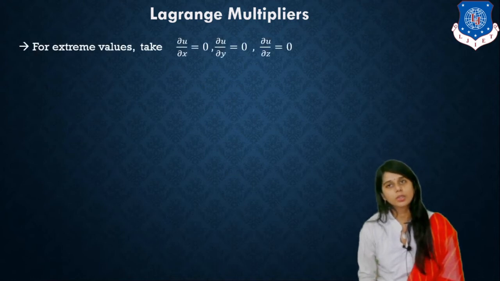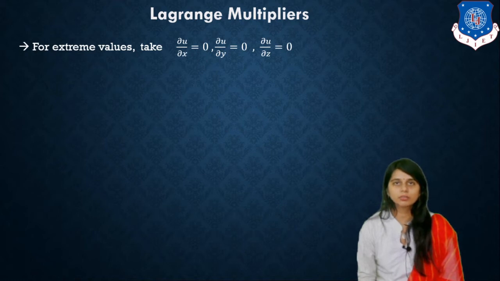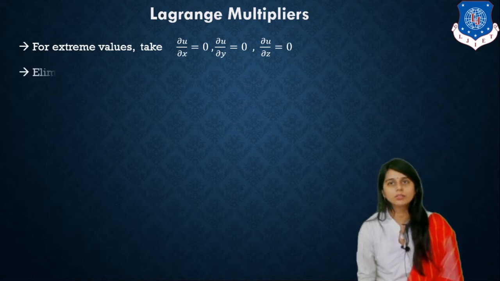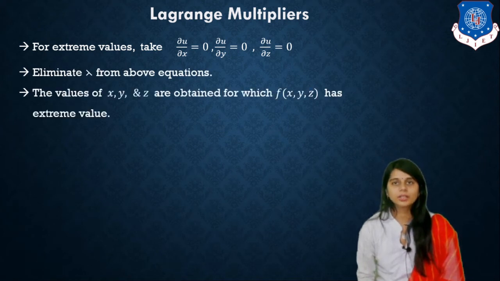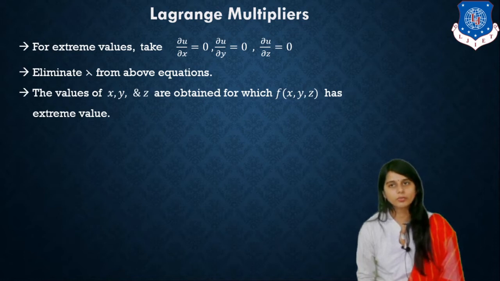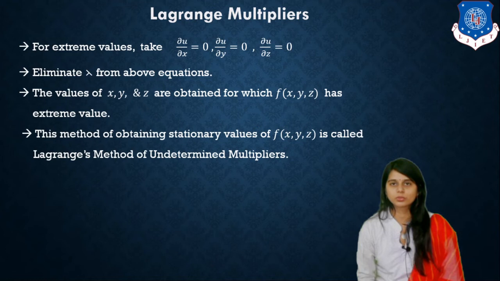For the extreme value, take del u by del x equal to 0, del u by del y equal to 0, del u by del z equal to 0, and eliminating lambda from the above equations, we get x, y and z for which f(x,y,z) has extreme values.